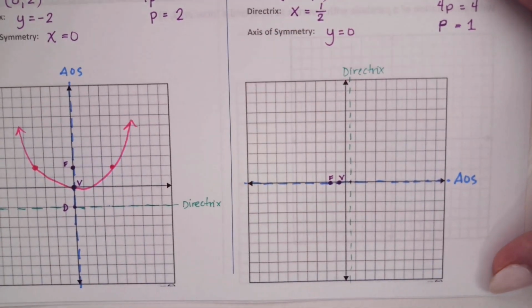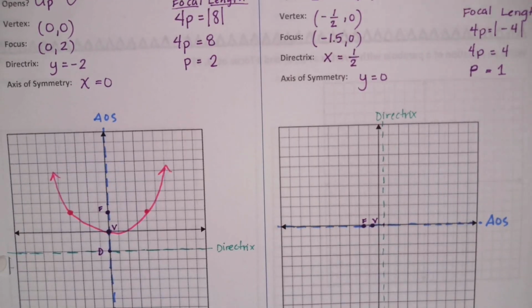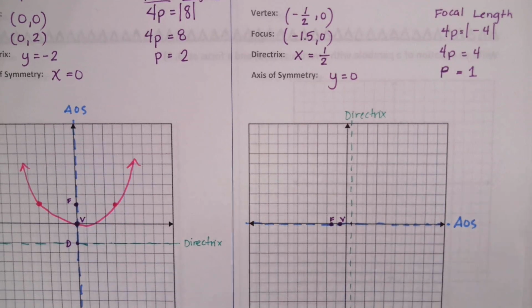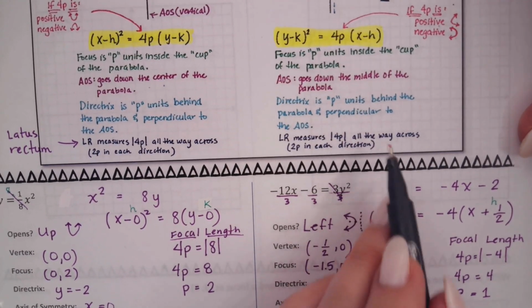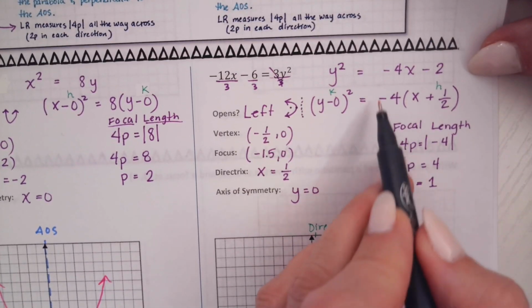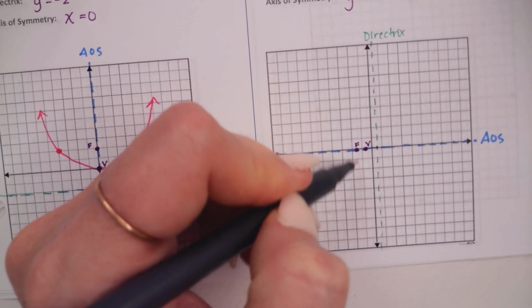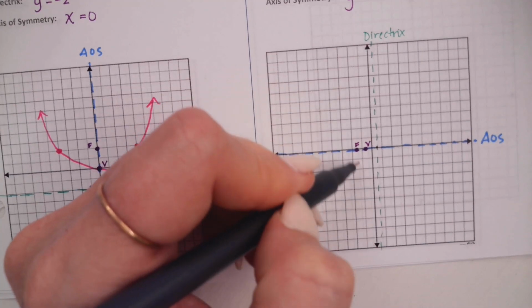And then the last thing is to actually draw the parabola in, and we need the length of the latus rectum, the LR, to do that. Okay, so the LR is going to measure the absolute value of 4p all the way across. So the absolute value of 4p is 4, so through my focus, it should measure 4 all the way across.